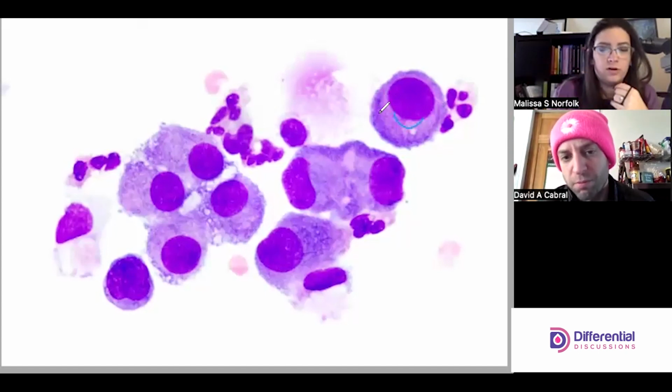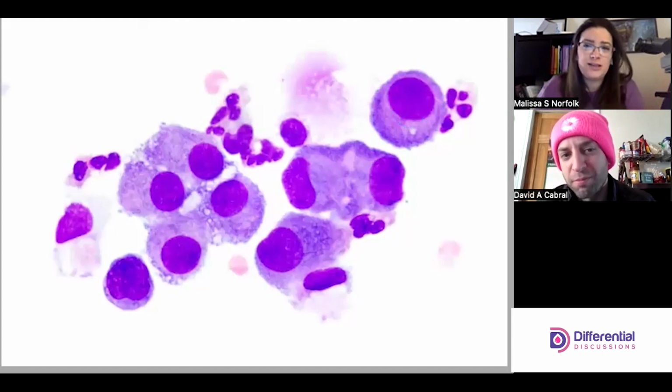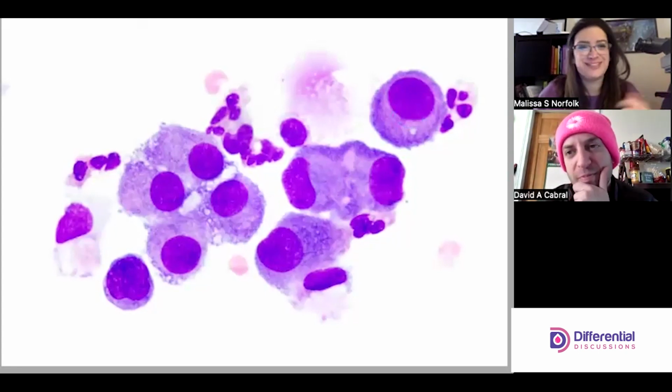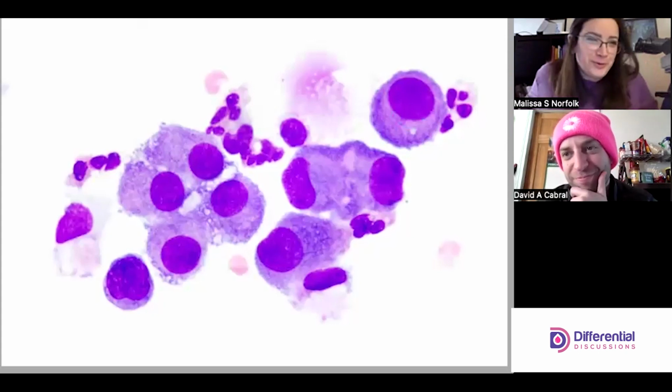You'll have a lot more darker coloration. So the cytoplasm could look plasmacytoid here. I think the difference again being the rough edge and the lack of the perinuclear halo. But even if you're looking at a malignant plasma cell, it can do what it wants.